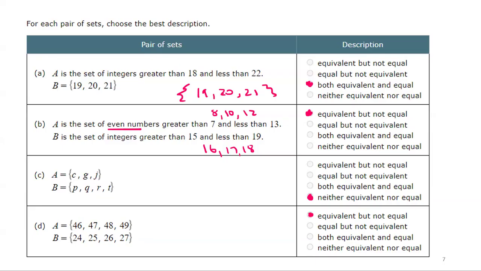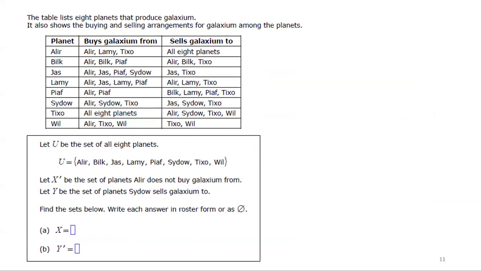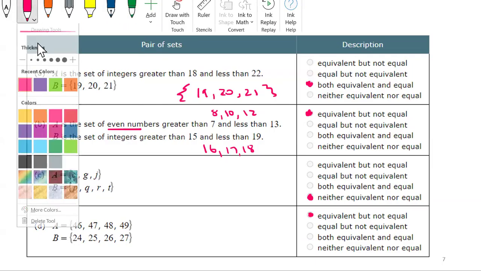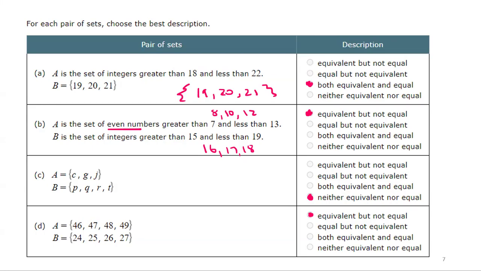All right, let's do one more here. So let me just write this out. Okay, this one, there's going to be 2 sets of numbers here.